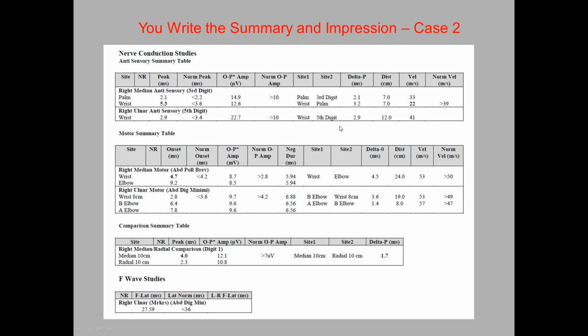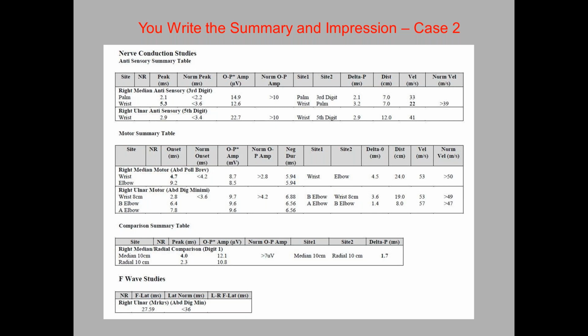Brian, would you please summarize this sensory and motor nerve conduction study? Okay, sensory, we have... Wait, is Dr. Brooks your mentor? He is. Then say what you're supposed to say as though Dr. Brooks were writing this report.